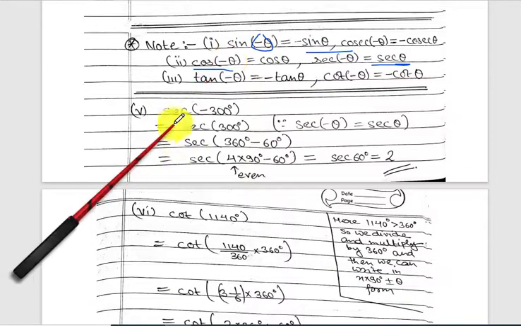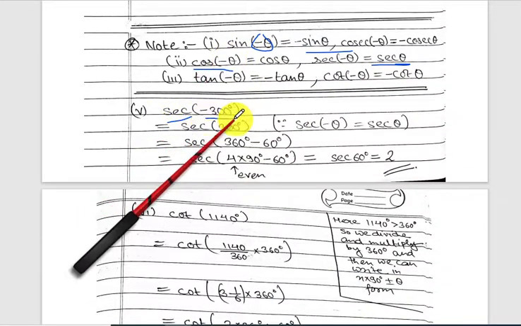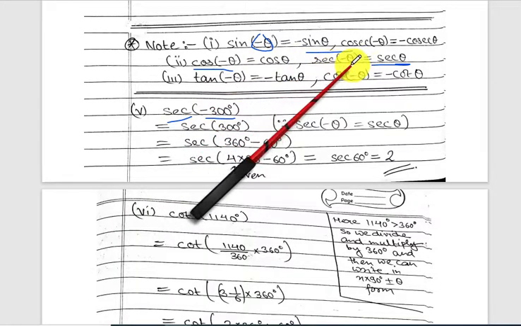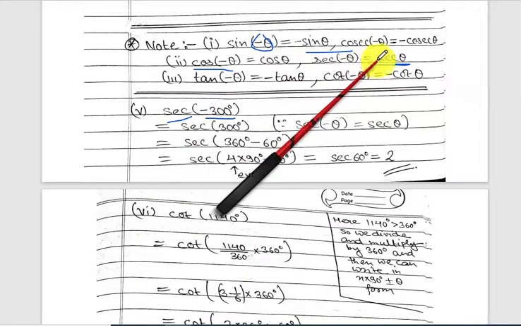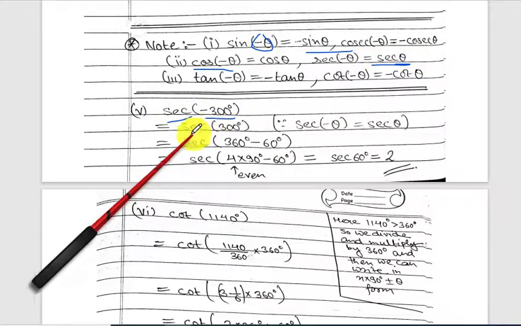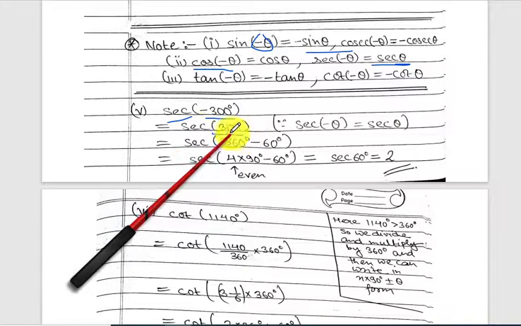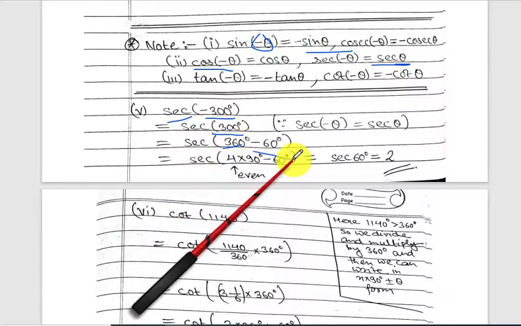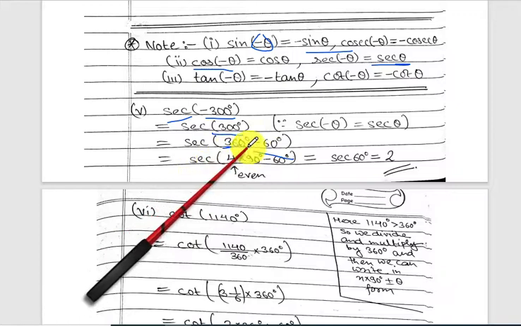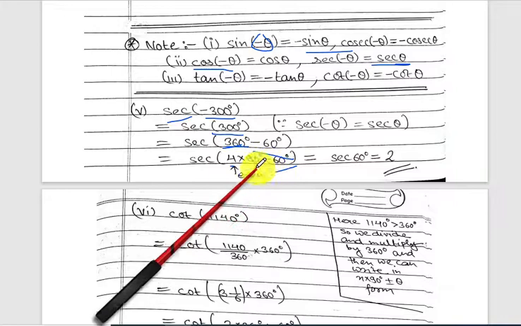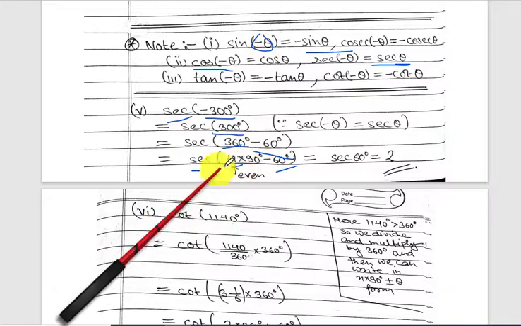So let us see this. Sec minus 300. Here we know that if you have got sec minus an angle, then it is simply sec of that angle. So sec minus 300 means sec 300. Now this 300 can be written as 360 minus 60, and this 360 can be written as 4 times 90 minus 60, and 4 is even, so sec will not change, sec will remain sec.